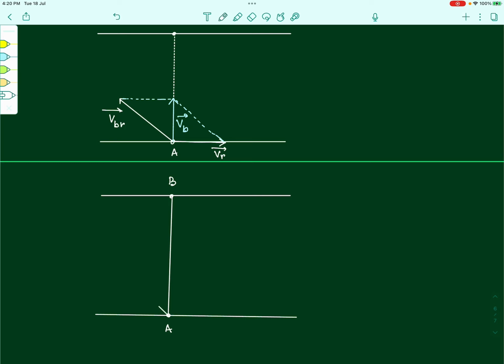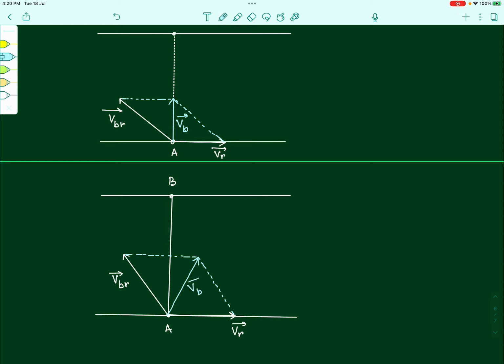And the boatsman tries to move his boat like this in this direction, VBR, velocity of the boat with respect to the river. And then when you try to add it with the velocity of the river, which is like this, when you try to add these two vectors using the parallelogram law, your vector sum may not come out exactly along the direction AB, it might come out in this direction.